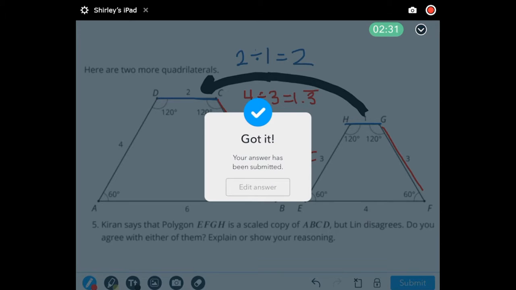Angles have to be the same, and you have to find the scale factor between all of the side lengths. Your corresponding parts have to give you the same scale factor.